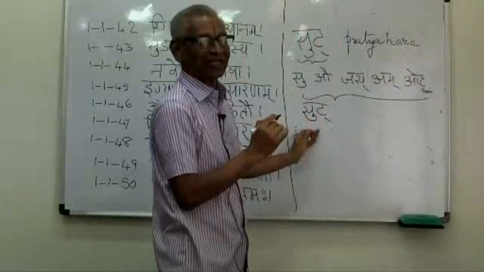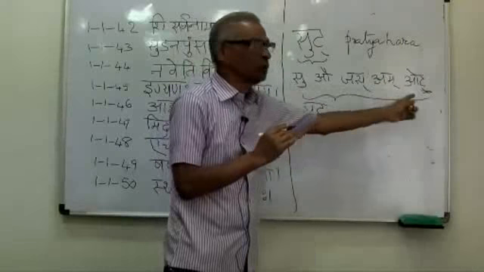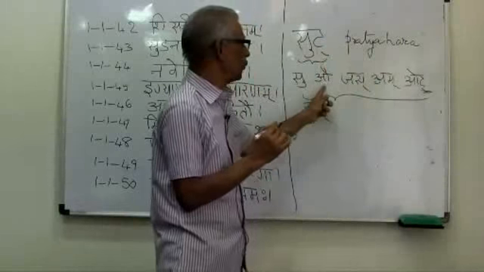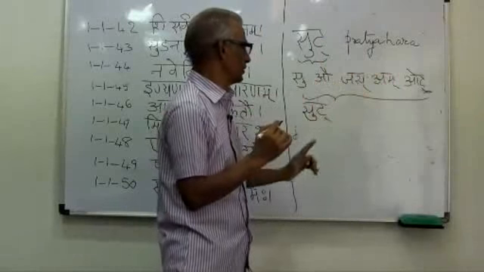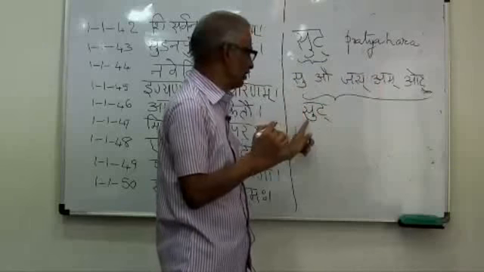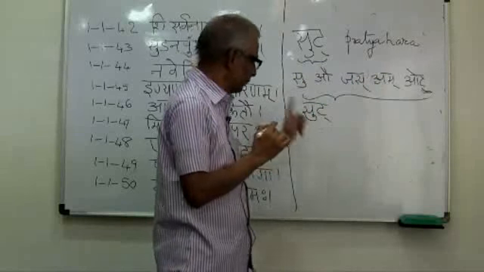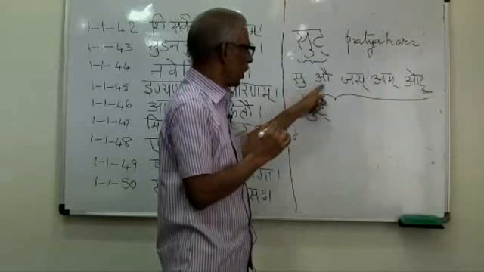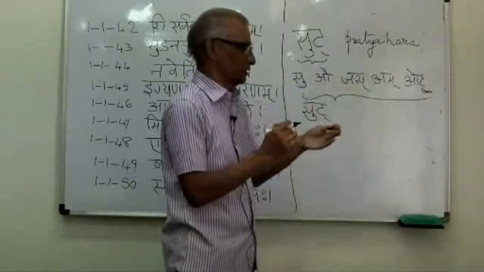Sut pratyahara signifies all these 5 pratyayas: Su, au, jas, aut. Whenever we say Sut, it means su, au, jas, aut.